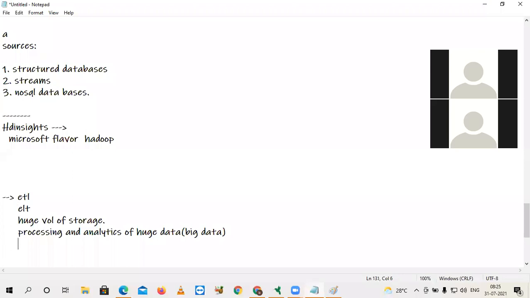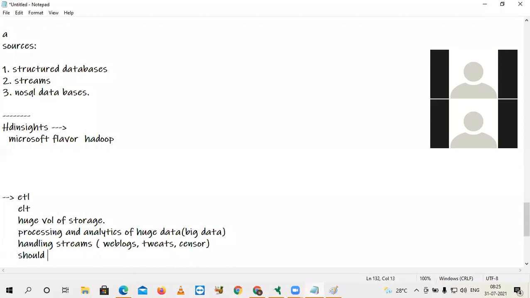And handling streams. Examples of these streams are log data, web logs, your Facebook tweets, even sensor data.